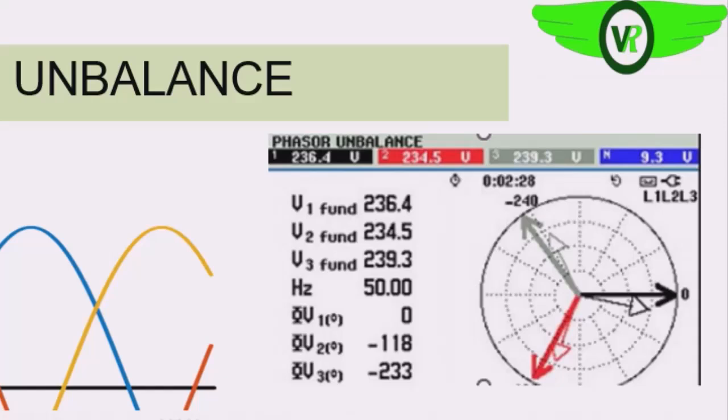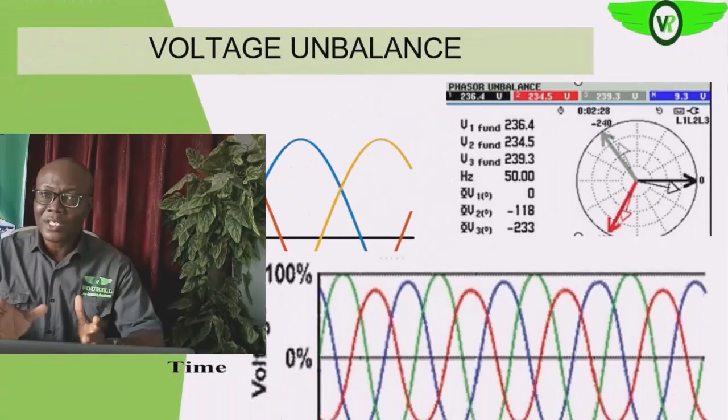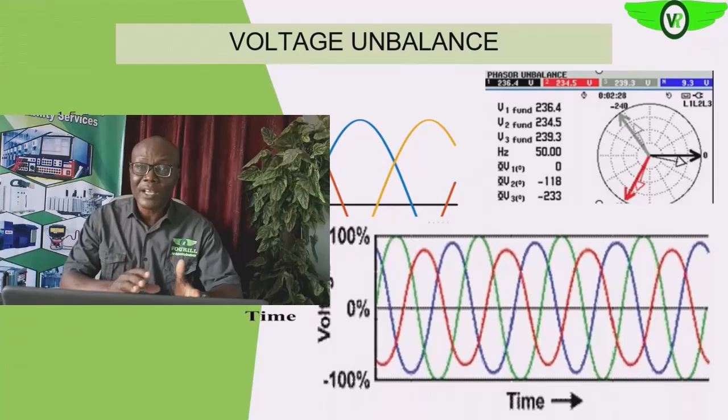So the voltage unbalance on this system is 1.1%. So it actually depends on the tolerance of the system. Of course, this will definitely have an effect, as we will see later, 1.1%. Okay, but the allowable range is between 0.5 and 2.5%.